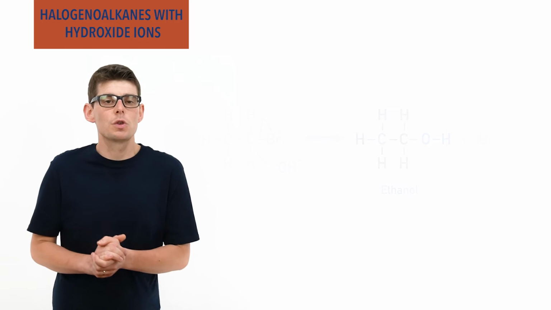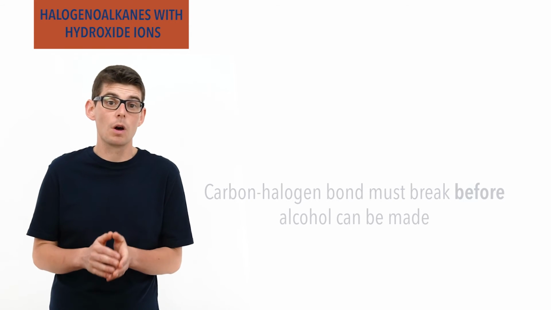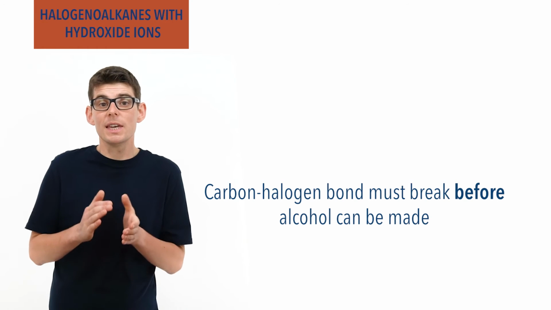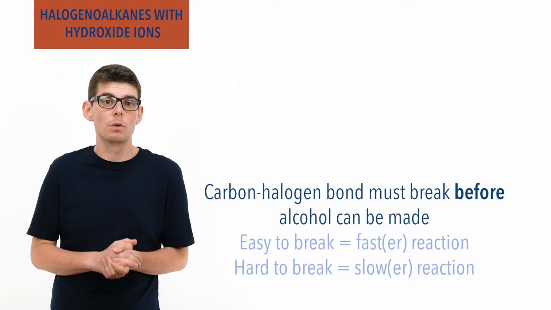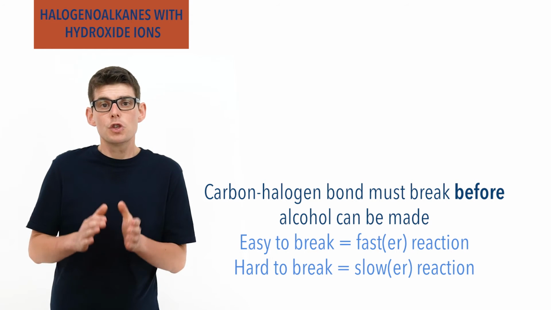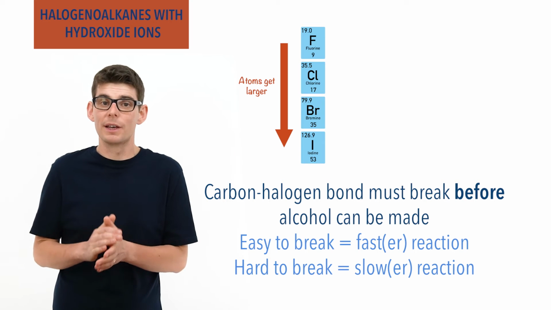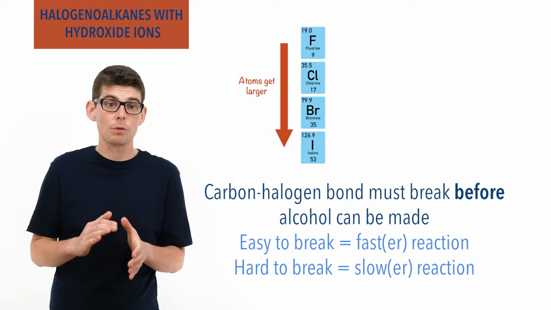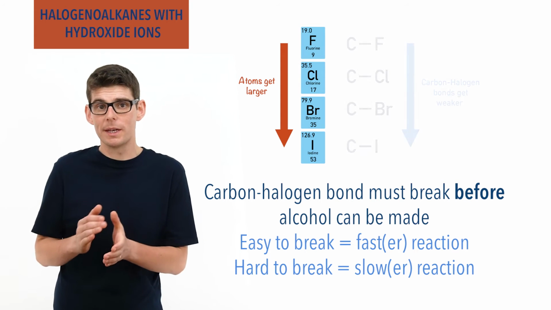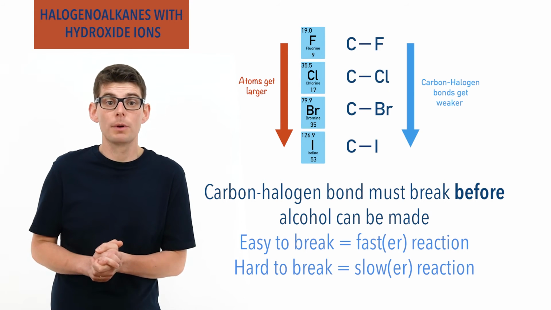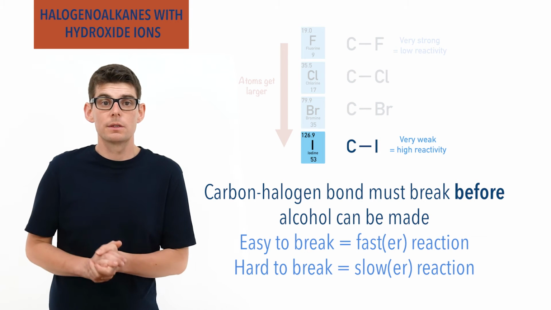In these substitution reactions, the carbon-halogen bond must break before the alcohol can be made. The easier it is to break the carbon-halogen bond, the faster the alcohol can be formed. Due to the size of the halogen atoms increasing, carbon-halogen bond length increases as you go down group 7 in the periodic table, and this makes the bonds weaker, meaning carbon-fluorine bonds are the strongest and carbon-iodine bonds are the weakest.